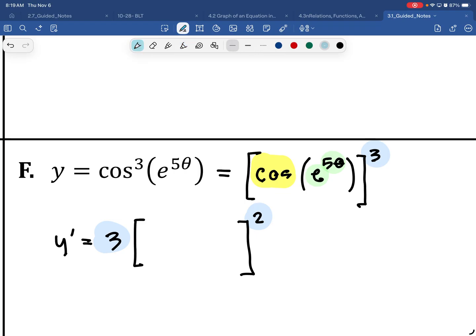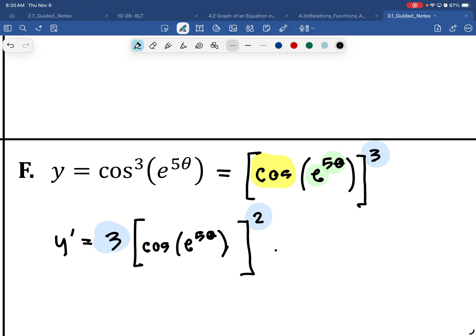There's that. I am not going to change anything inside that exponent. So the cosine and the e to the 5 theta are going to stay exactly the same. All I did was the power rule part.